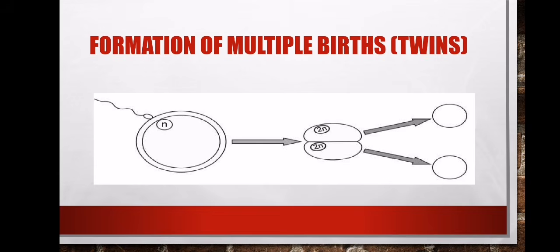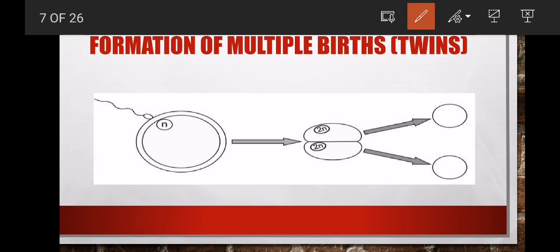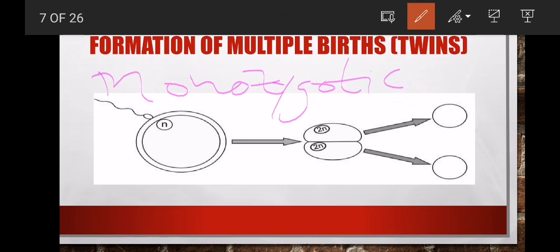Here we are, formation of multiple pairs. We are still looking at monozygotic. I said to you, my good people, mono, this is your monozygotic. Mono, there will be one sperm cell.